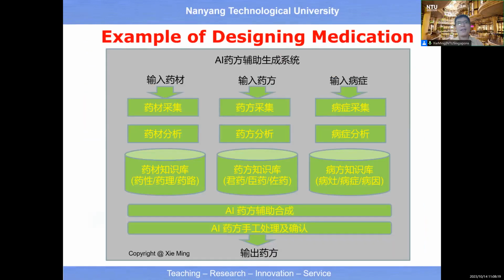It should be good enough for you to know, right? But eventually, we can also apply AI technology to compose a drug or compose medication. For example, for traditional Chinese medicine, all right? And this is a proposition made by me, right?